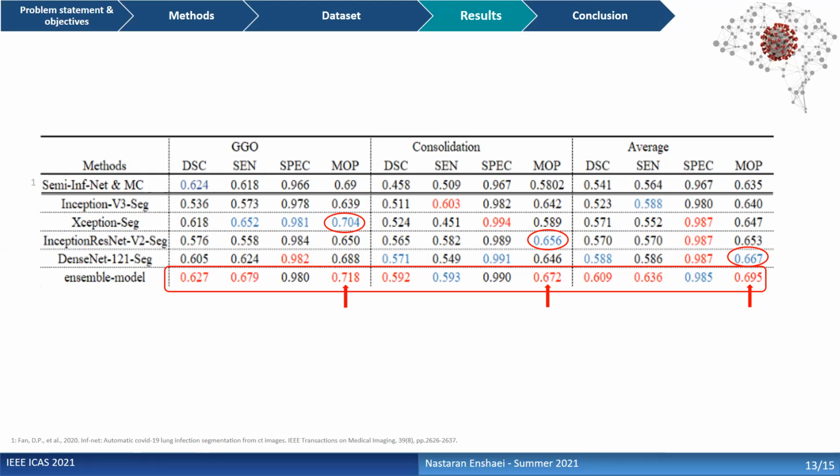We also compare our model with previous work, which uses the same data set with the same data split. And as it can be seen, our ensemble model can outperform the previous work considering all evaluation metrics.